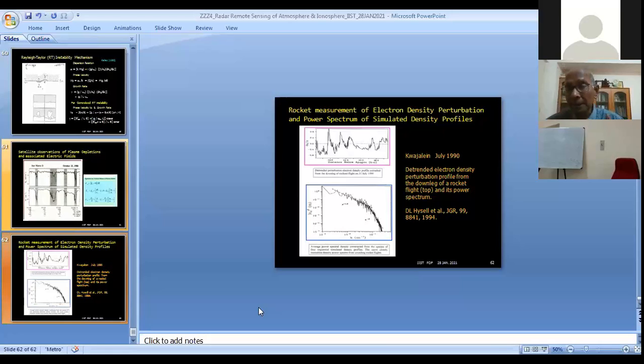And even the return signal, if it is a very strong signal from a turbulent region, a strongly enhanced turbulent backscatter like a pulse, then it is convenient to analyze with wavelets rather than through Fourier analysis.